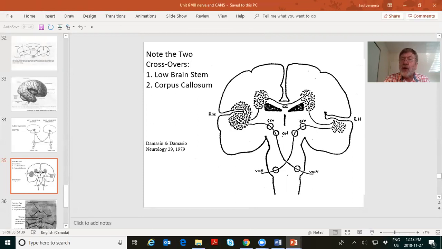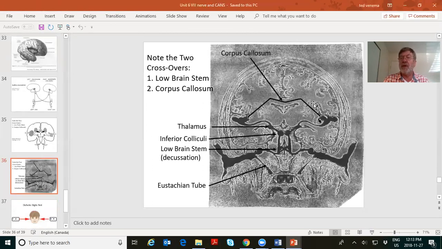But look at the second crossover at the level of the corpus callosum. So when you look here, you'll see it again. Follow me. Outer ear canal, middle ear, eustachian tube, cochlea, eighth nerve, brainstem.